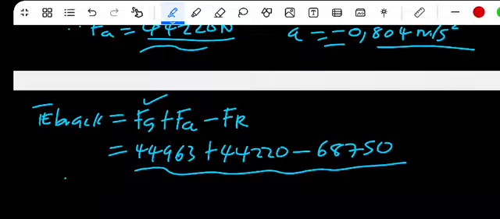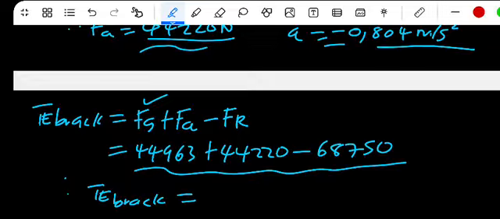Punching that in, therefore T brake will be equal to what?